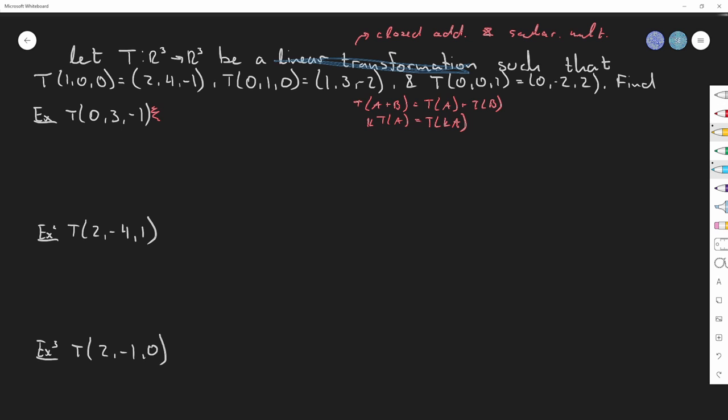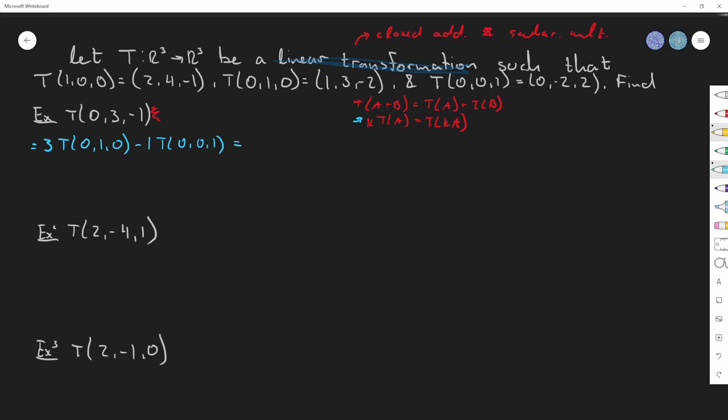So to find T of (0, 3, -1), we can use the fact that this is closed under scalar multiplication. This will be equal to 3 times T of (0, 1, 0) minus 1 times T of (0, 0, 1).